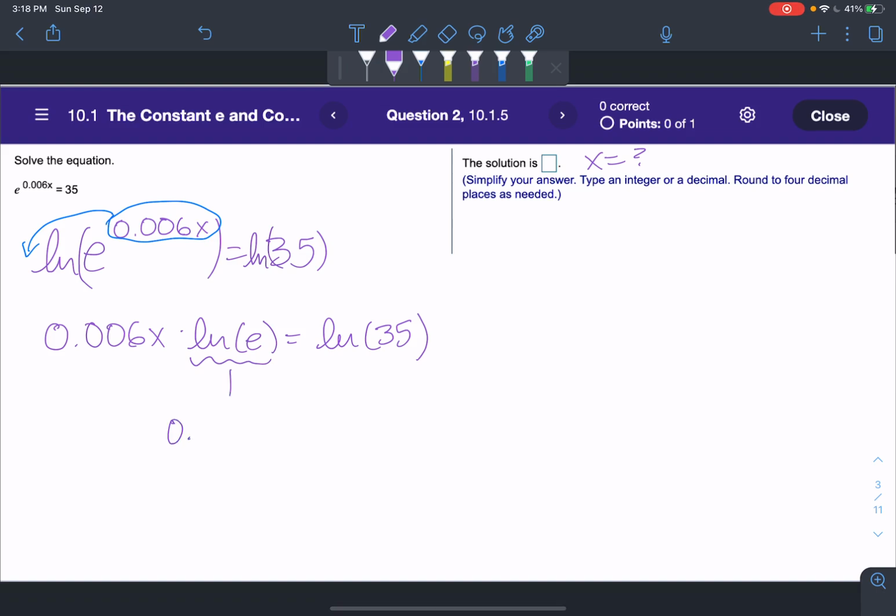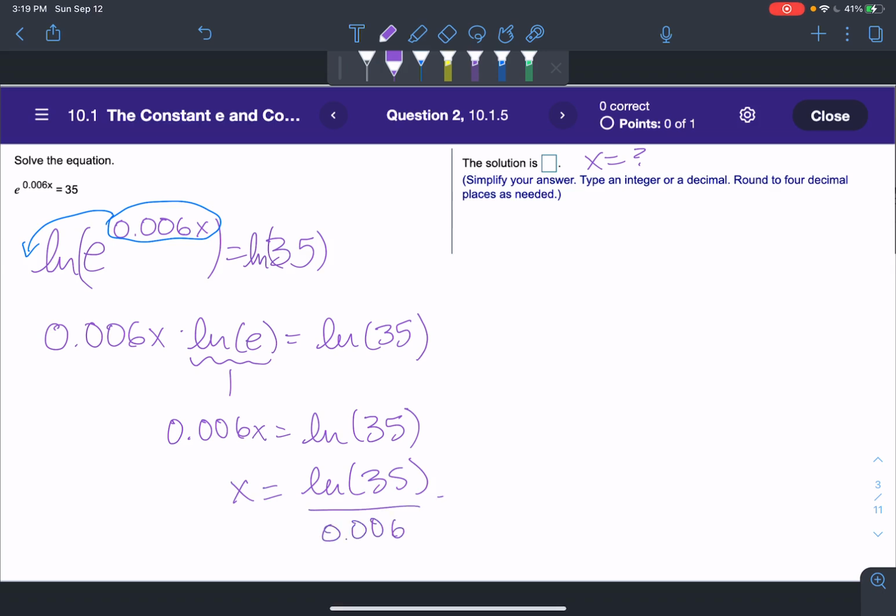So we really get 0.006x is equal to the natural log of 35, and then I want to isolate x, so I'm going to bring that 0.006 to the other side, just divide it out, and if you put this in the calculator, we should get 592 point, and then we want to round to 4 decimal places, so 5580.